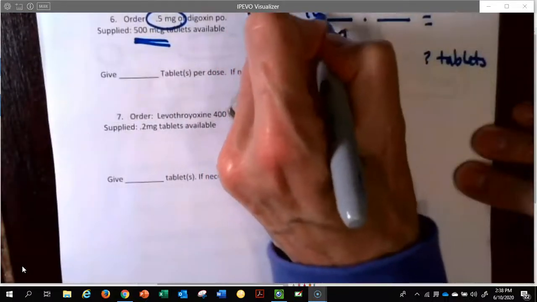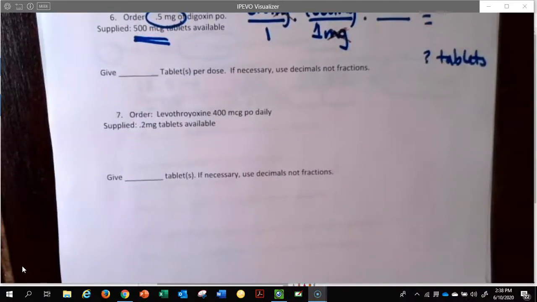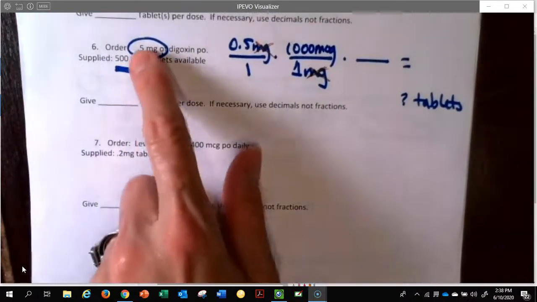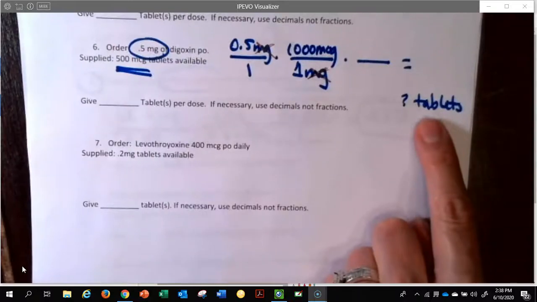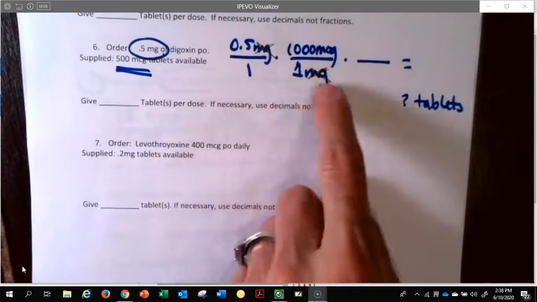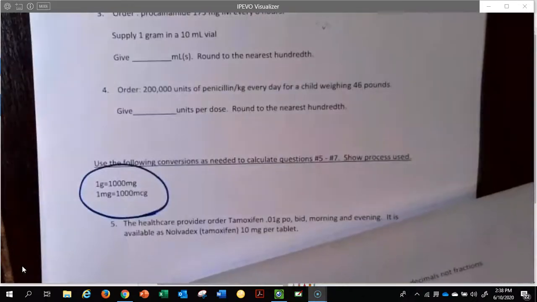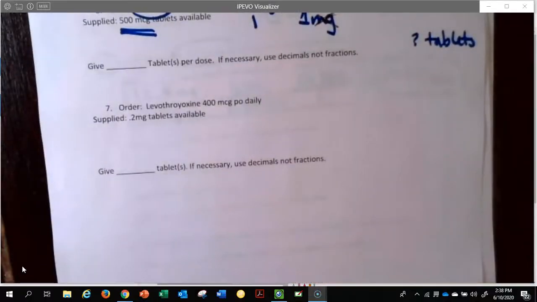So I have 1,000 mcg. So using dimensional analysis, trying to get from where I am to where I need to be. So I started with the 0.5 mg. I was able to get rid of the mg with the conversion that is given to me on the other page. And I'm not where I need to be.